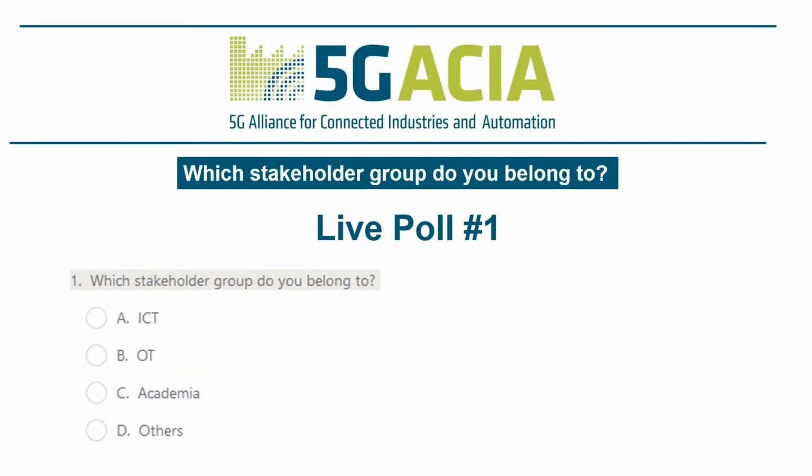That would be A. Are you from the OT industry, more a classical industrial player? That would be B. Academia would be C. And others, which can be a regulator or a governmental organization and so on, would be D. Just make a choice, indicate to us where you're from, and then press the submit button. Then in a couple of seconds, we can see the results.